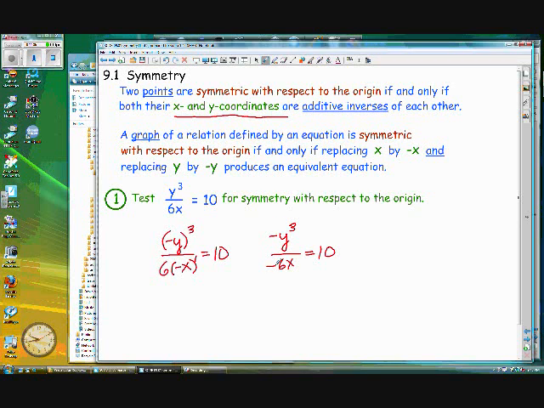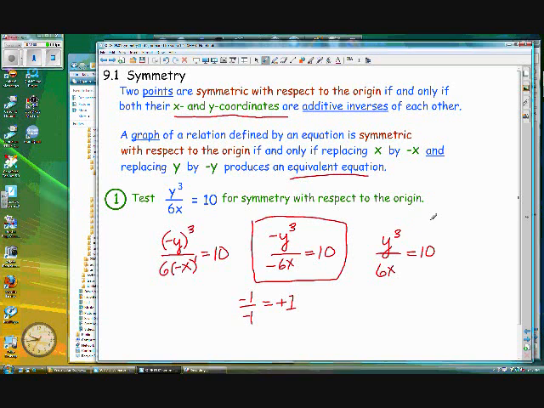I've got a negative 1 over a negative 1. Negative 1 over a negative 1 is equal to a positive 1. So definitely this was an equivalent equation, and this is symmetric with respect to the origin.